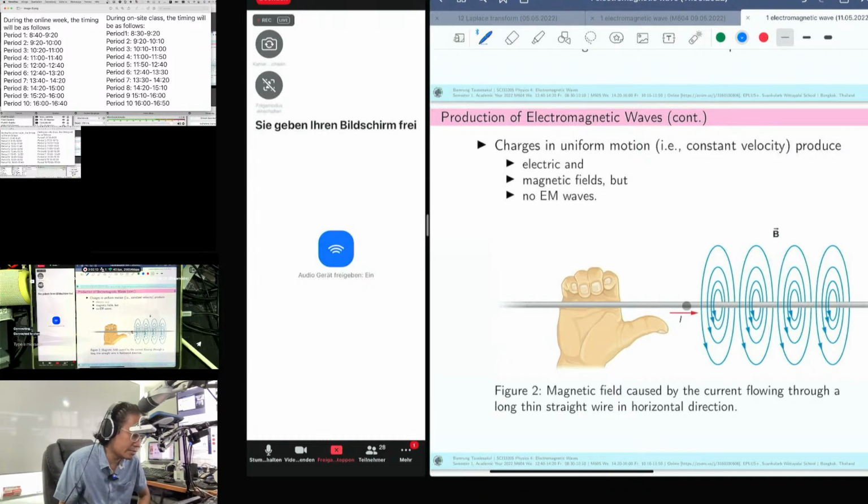The current notation means they pay attention to the positive charge, but in fact, in nature, the positive charge inside the long straight copper wire doesn't move at all. The proton inside the nucleus of the metal atom cannot move, okay.